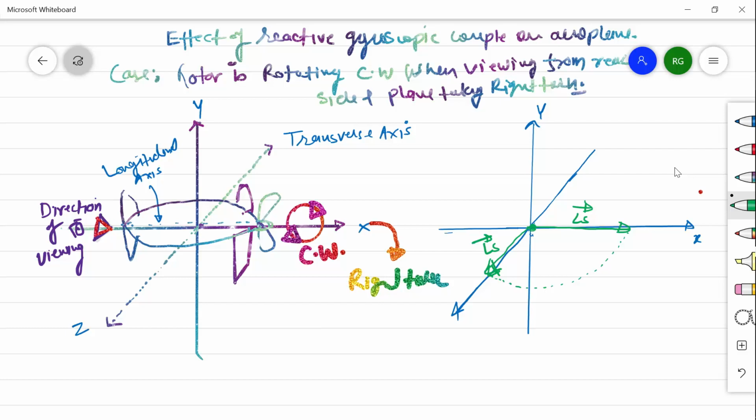As we know, the angular momentum vector always follows the direction of the active gyroscopic couple, so we can say this is our active gyroscopic couple. As a reaction of this, according to Newton's third law, this would be the direction of the reactive gyroscopic couple.